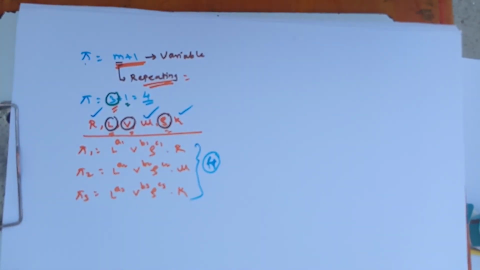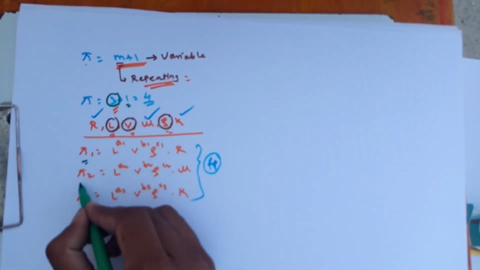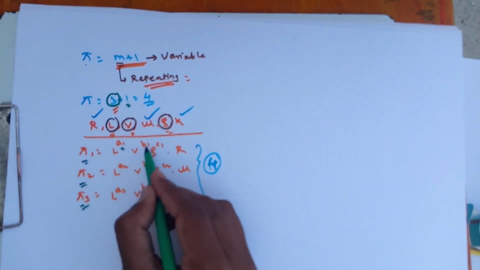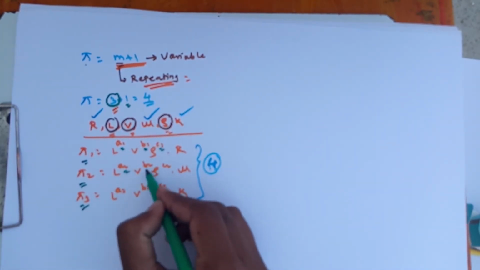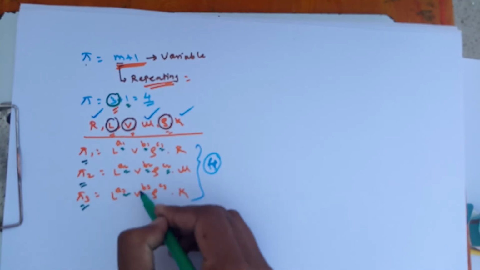Now here the values of the pi terms will be obtained by calculating the values of a1, b1, c1, a2, b2, c2, a3, b3, c3. And for obtaining those values, we have to follow the dimensional homogeneity.